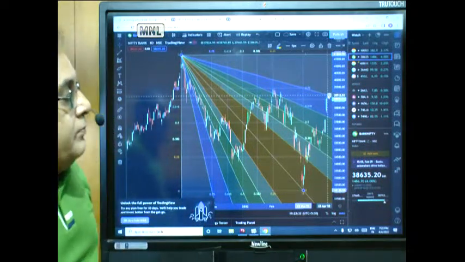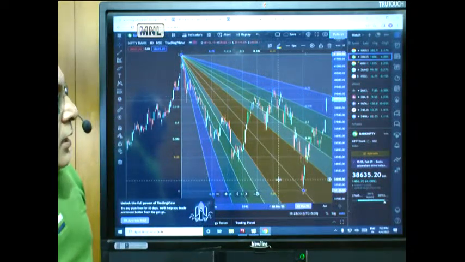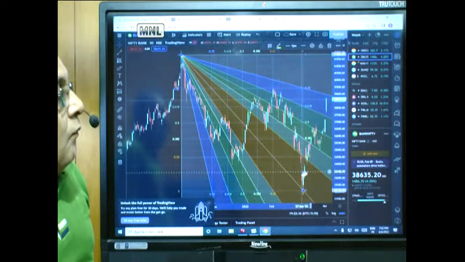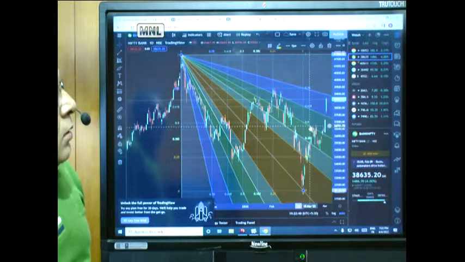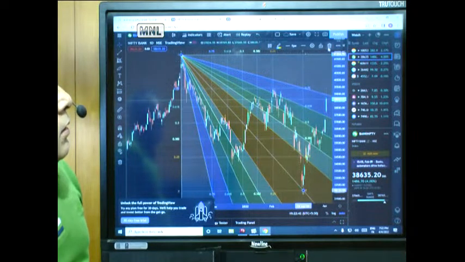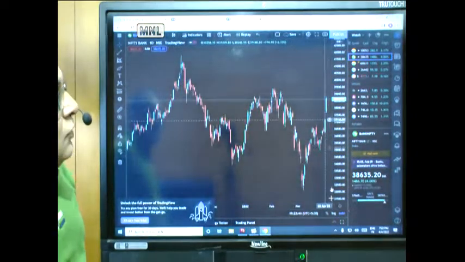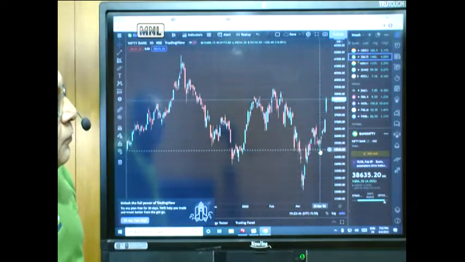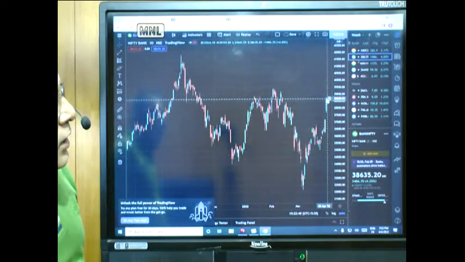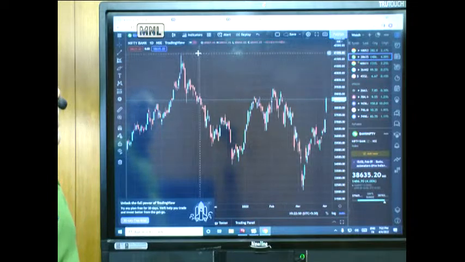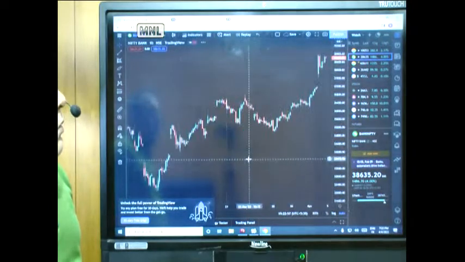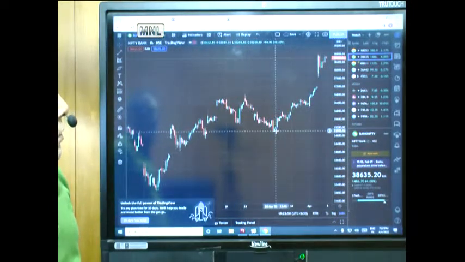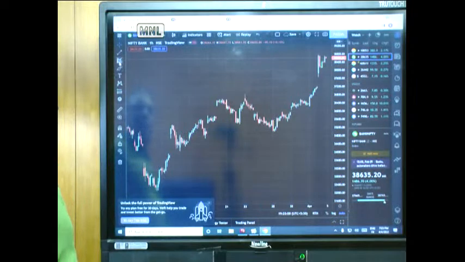Now we will look at the hourly chart. Let's look at the trend change from this place to this place. So this is one, and this area. We'll look at this place.